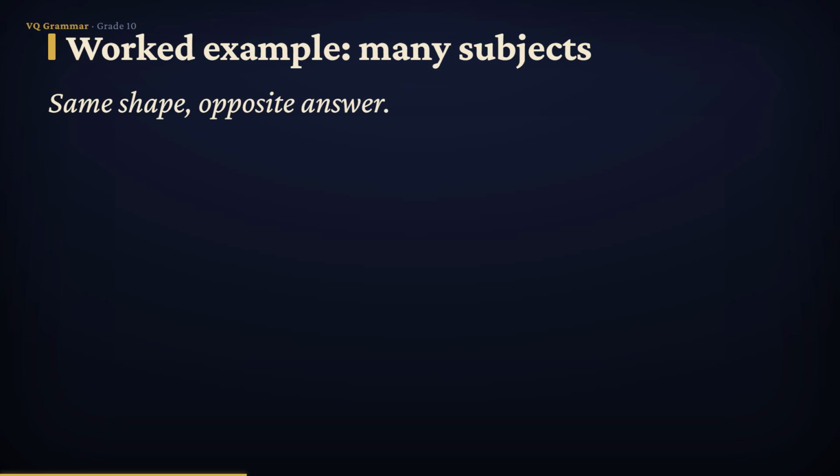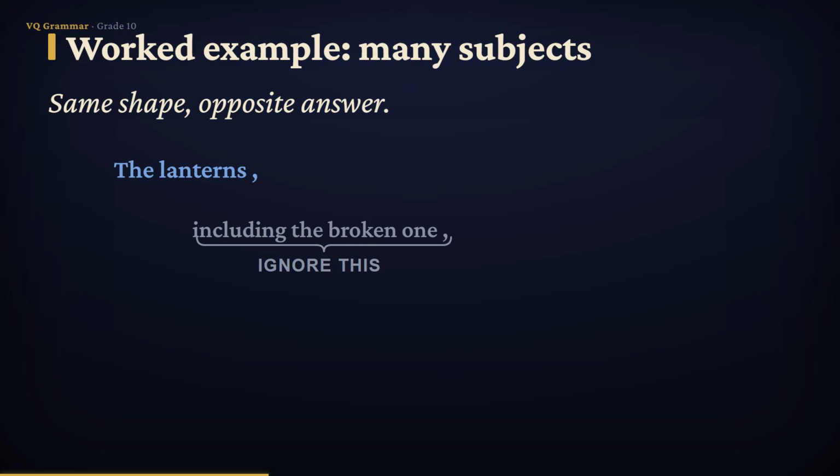Now flip it around. The lanterns, comma, including the broken one, comma, glow at dusk. Same shape, opposite answer. Between the commas we have, including the broken one. That is our island again. Ignore this. The subject is lanterns, and lanterns is many, so the verb has to be plural, glow, with no S on the end.